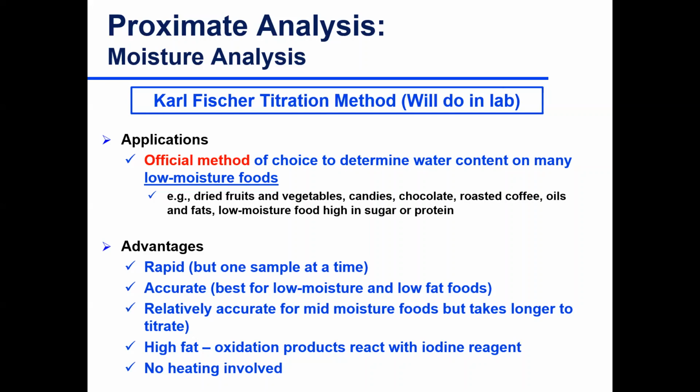If they're oxidizing, the oxidation products will react with the reagent, just like water does. So you'll get some error in the method if the food happens to be high fat and fairly well oxidized. We'll count oxidation as moisture content.